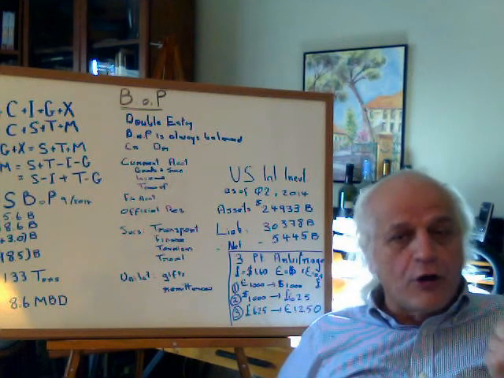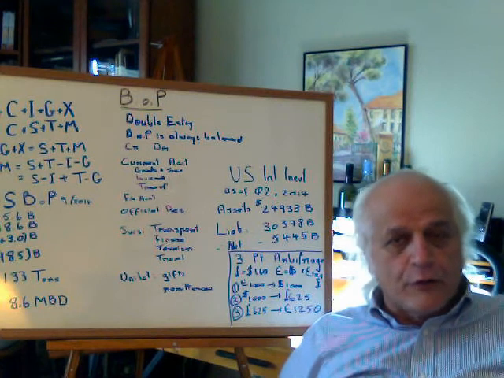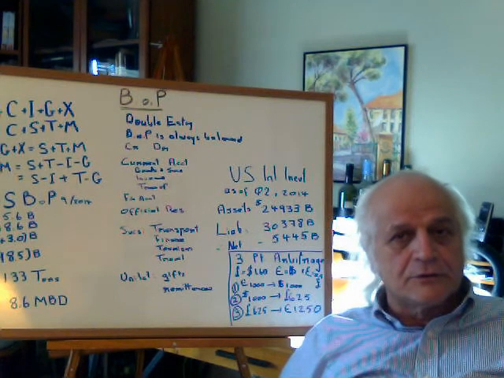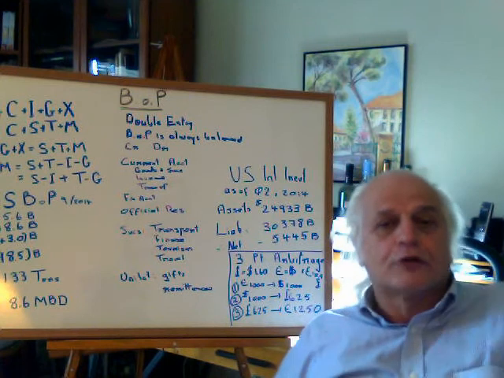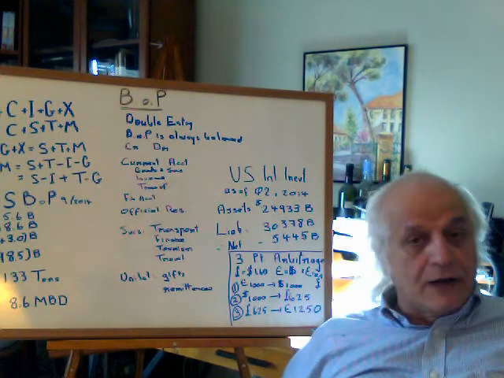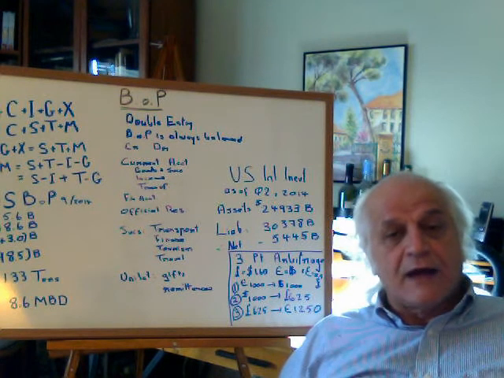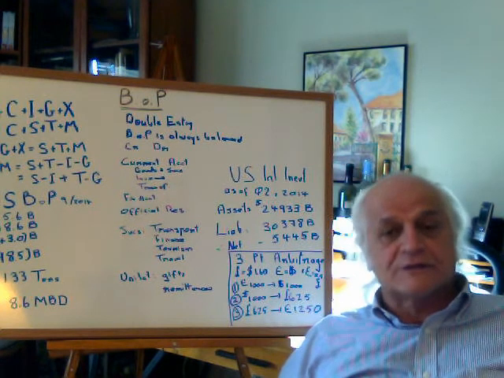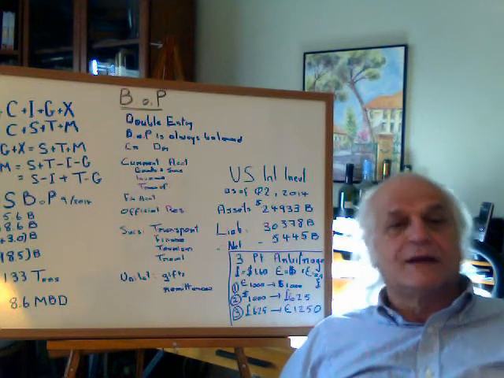Because the inflow of capital from the rest of the world to pay for the deficit in the current account is going to be buying part of your country. So these $30 trillion are really the sum of monies that have come over the years to the United States to invest in America.